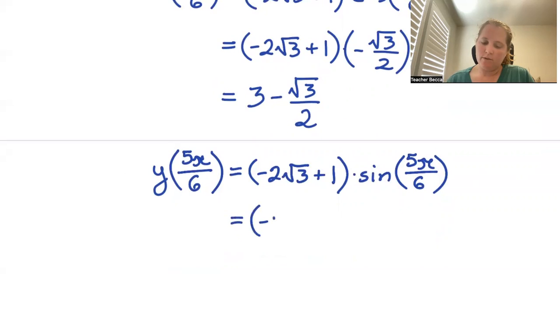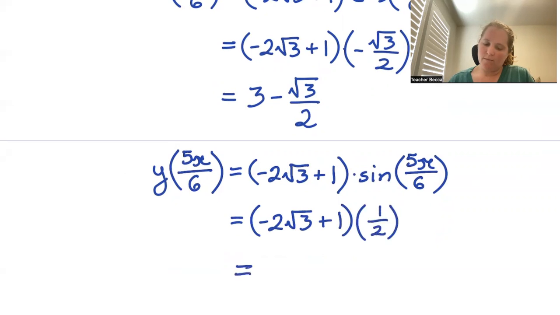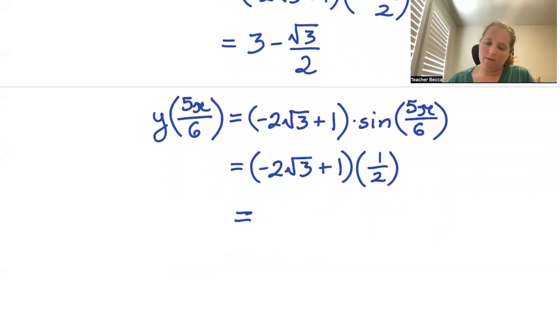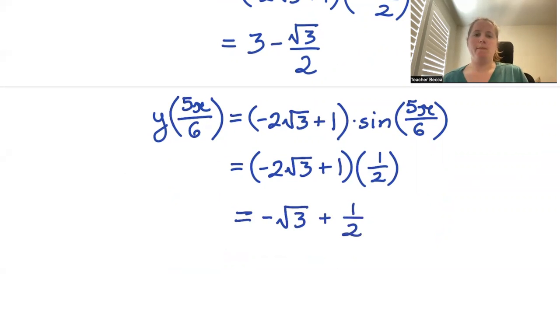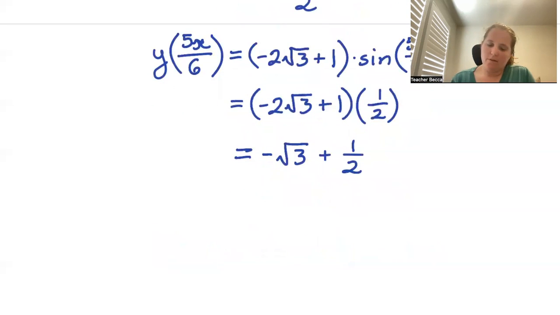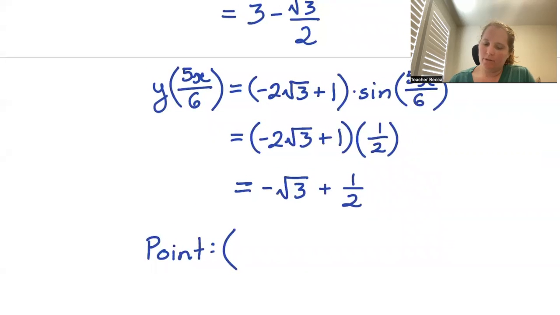So we have negative 2 root 3 plus 1 times a positive 1/2, or negative root 3 plus 1/2. So our point is, therefore, 3 minus root 3 over 2, comma, negative root 3 plus 1/2.